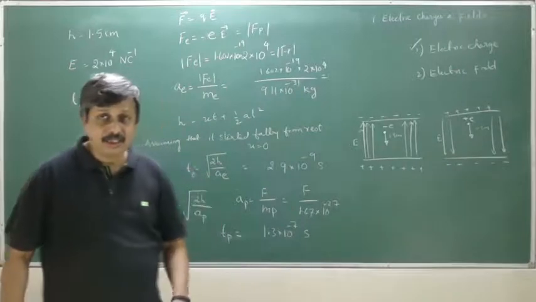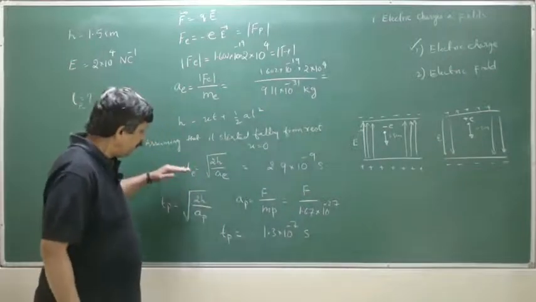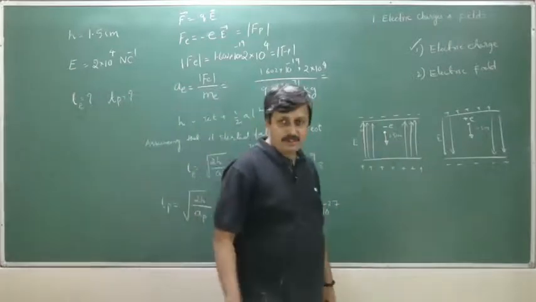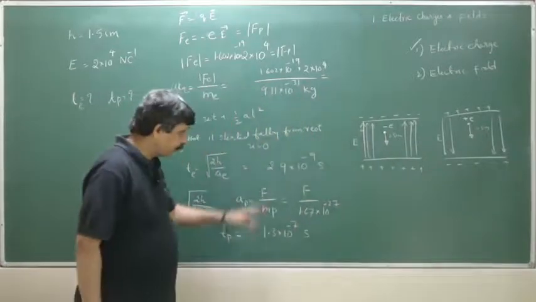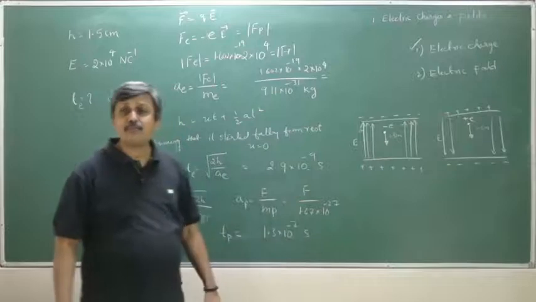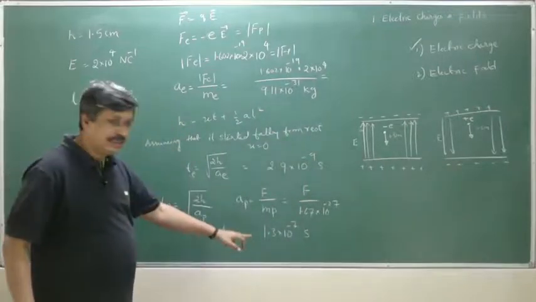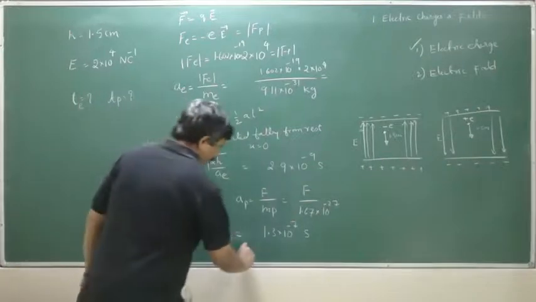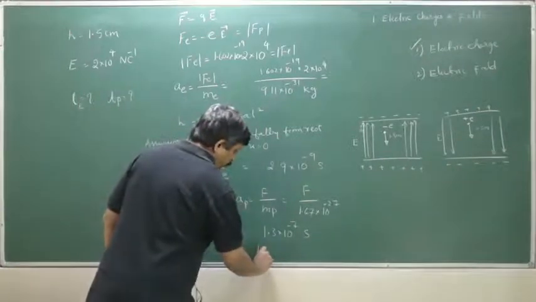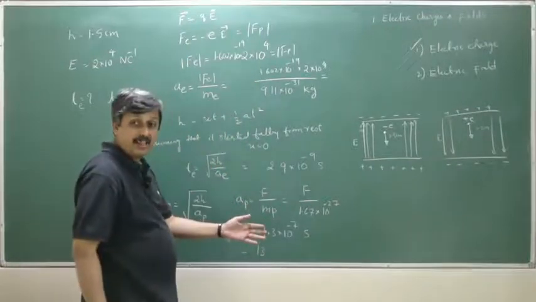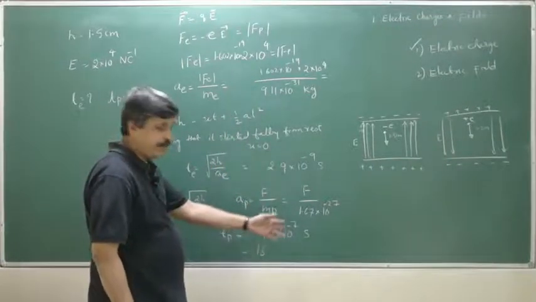The final answer here, the time taken for the electron to travel 1.5 centimeter, is 2.9 nanoseconds. Let's write this also in nanoseconds. 1.3, let's multiply it by 100 and divide by 100.